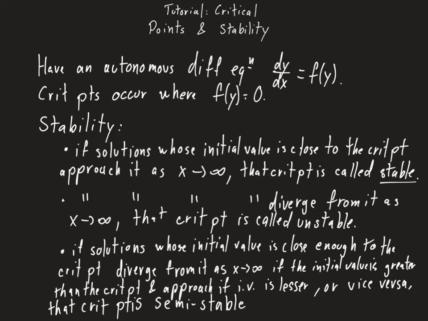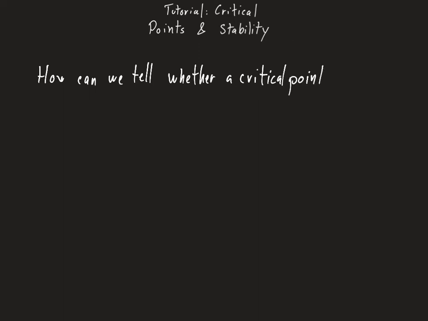Okay, we're almost done going through the theoretical, the conceptual ideas here, and there's really just one question left to answer. And that question is as follows. How can we tell whether a critical point is stable?